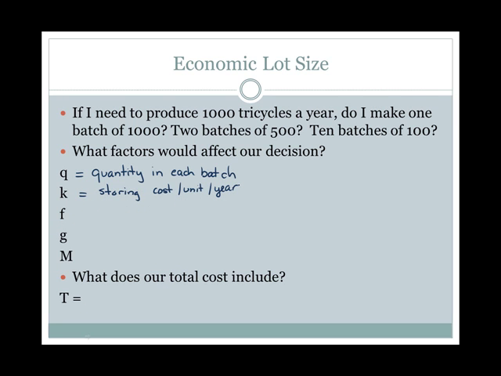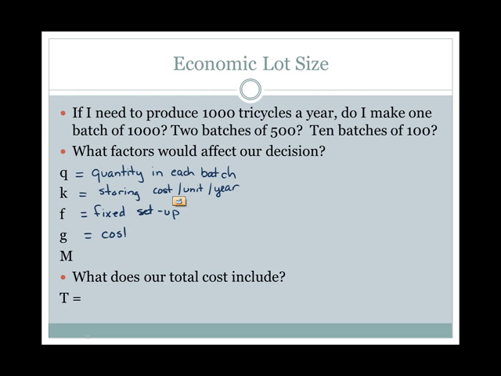Okay, the cost of storing per unit per year. F is the fixed setup cost. In the example of my t-shirts, F is the amount that it's going to cost me to ink the press and clean the press, because I have to do that no matter how many t-shirts I make.